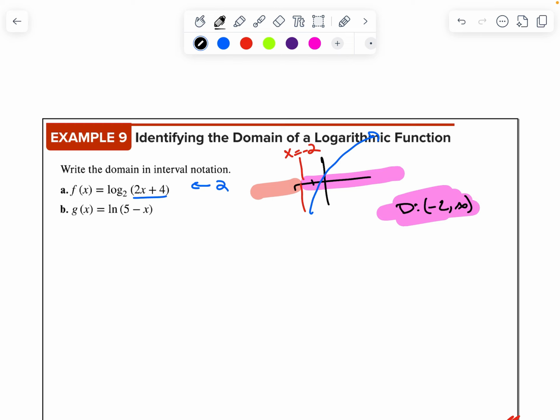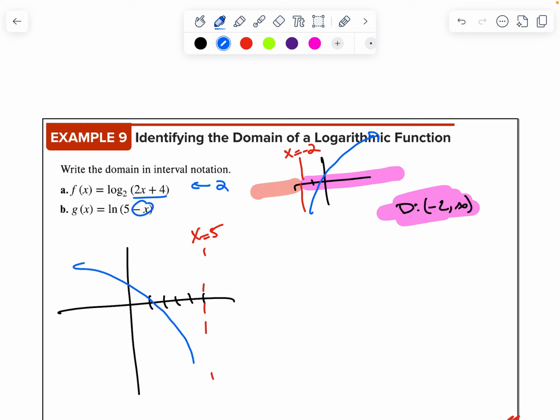All right, G is a little bit weird, right? Positive 5 would make it 0. So we're thinking positive 5, 1, 2, 3, 4, 5 is our vertical asymptote. And if the trend stands, then we would have everything out here. But in this case, since we have a negative x inside, it actually reflects it over the y-axis. And so we're going to have graph only here, right? Our graph is going to look more like that.